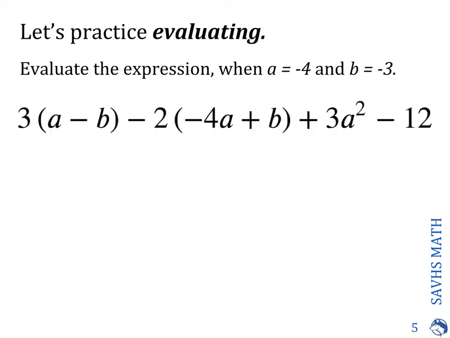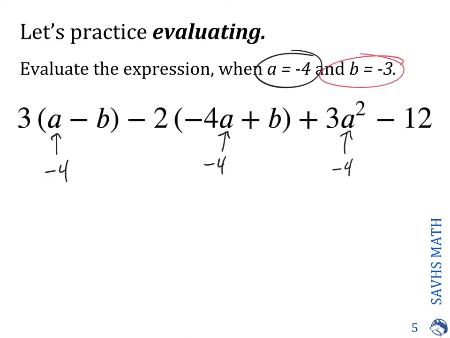In this one, we're going to do some evaluating. It's the same expression as we started with, but this time I have values for what a is and what b is. So everywhere I see an a, I'm going to write negative 4. Everywhere I see a b, I'm going to write negative 3. So let's rewrite the whole thing.